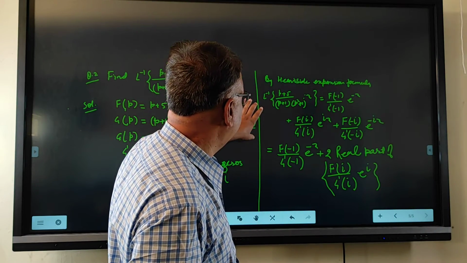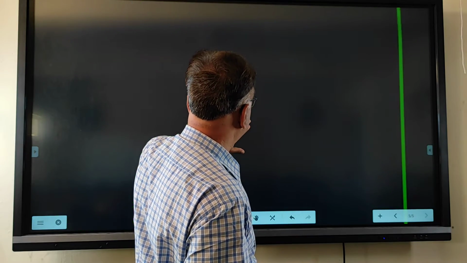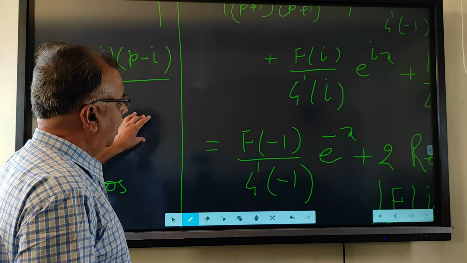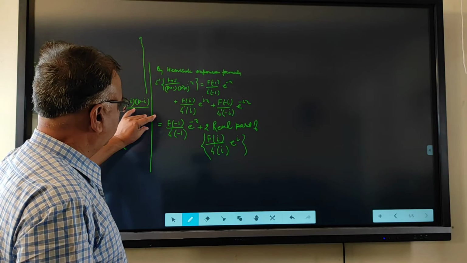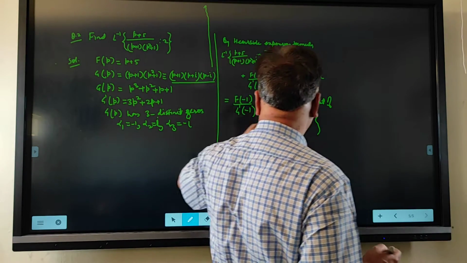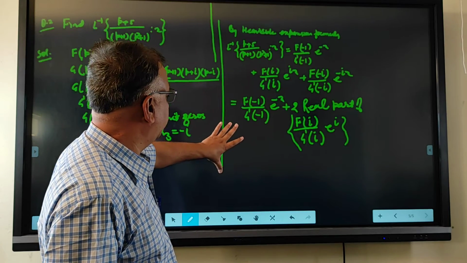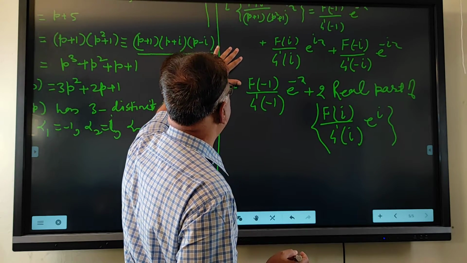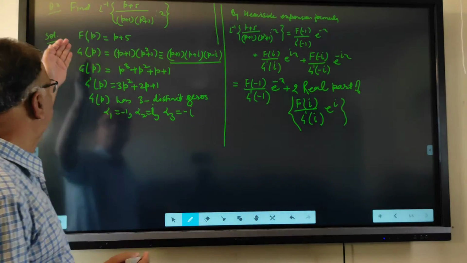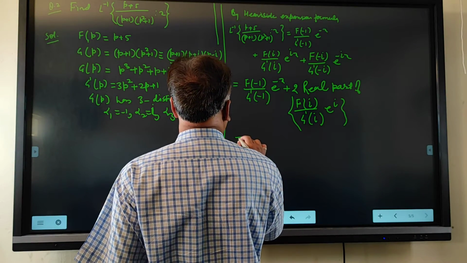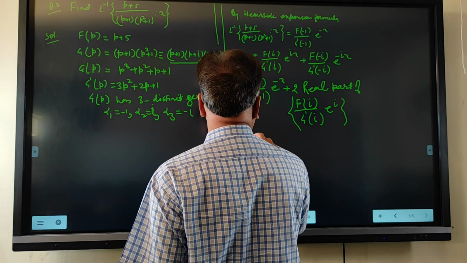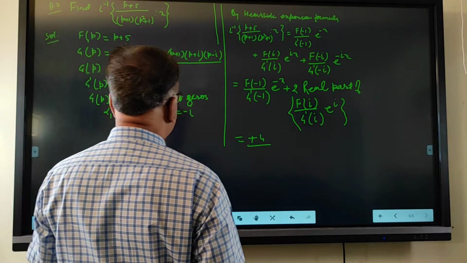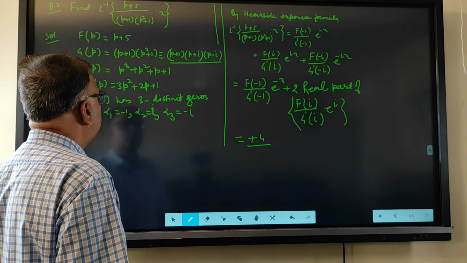Now putting the values of these roots, or these zeros, in the functions F(p) and G'(p), here we get F(−1) upon G'(−1). F(p) here is p + 5, so F(−1) is −1 + 5, that is 4. G'(p) is equal to this one, so G'(−1) is 3 − 2 + 1, that is 2.